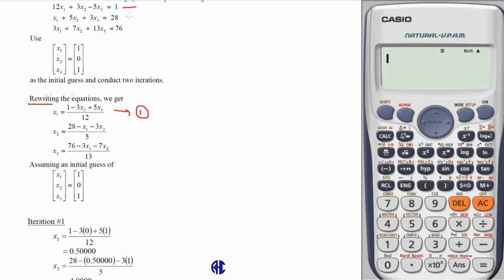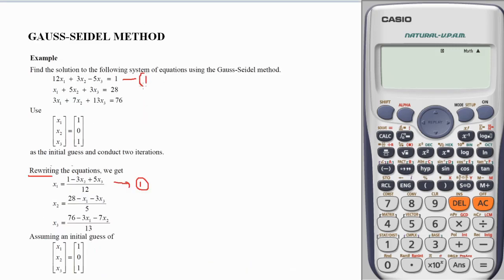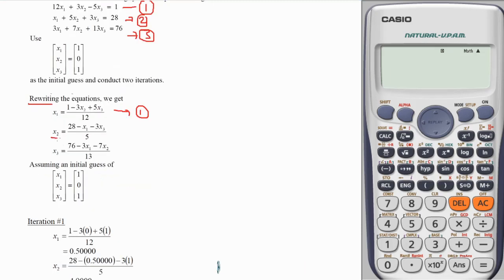Okay, so from equation 2, hanapin naman natin yung value ng x sub 2 in terms of x1 and x3. So simply yung x2 natin is magiging 28 minus x sub 1 minus 3x sub 3 over 5.